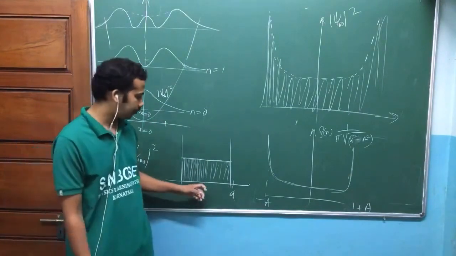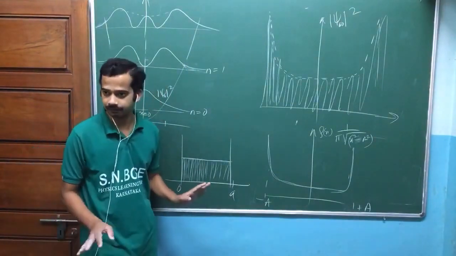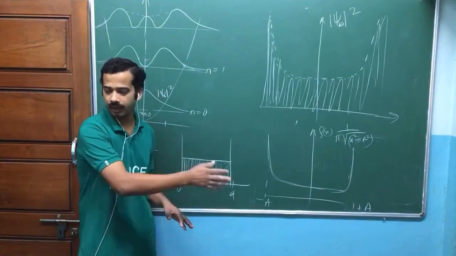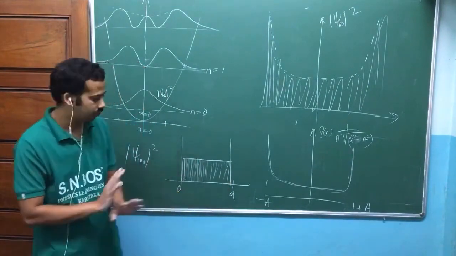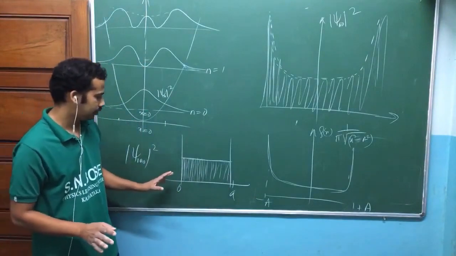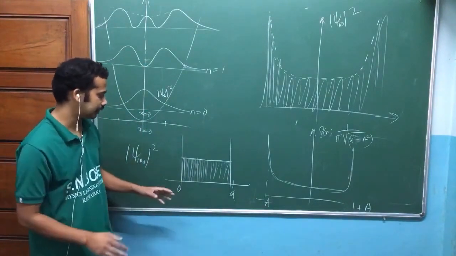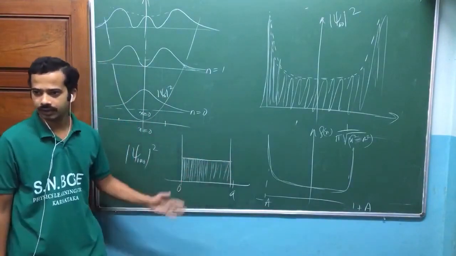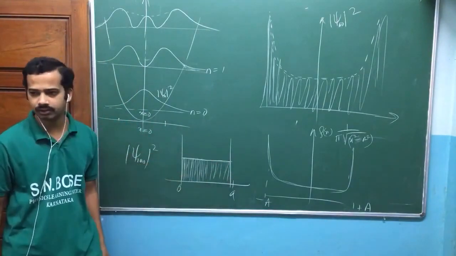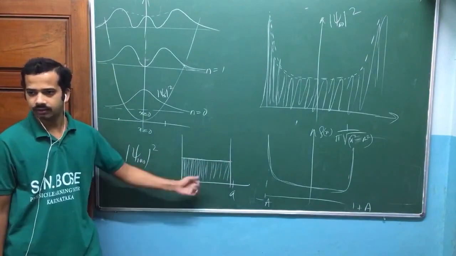Suppose it is moving back and forth, and there is no favoring, I mean the particle is not more likely to be found here and less likely to be found there, then the probability density will be constant. Am I right? And that's what you can get here.